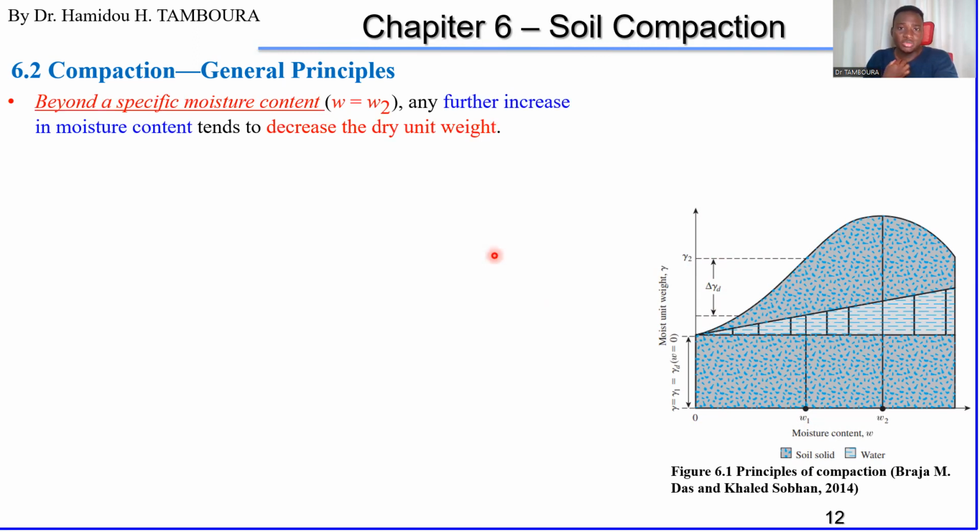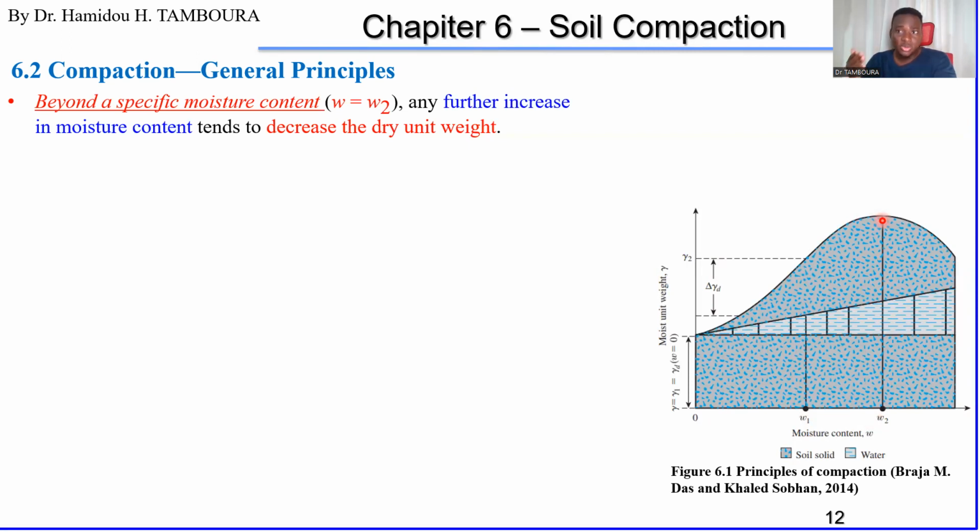What is interesting for us is this point. Once you reach this point, the moisture content number 2, ω2, you will have the maximum unit weight possible.